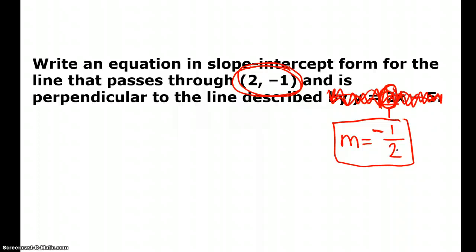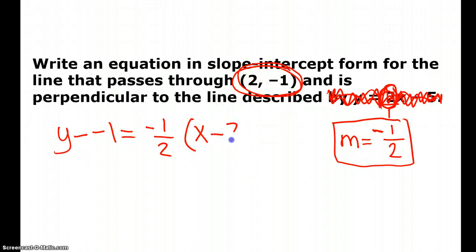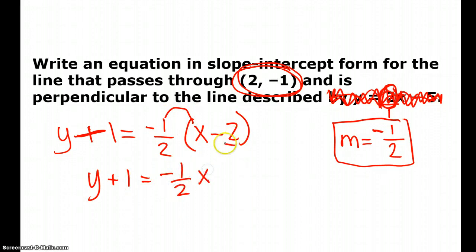So method 1, y minus y, so y minus -1 equals m, -1/2, times x minus x, which is right there. So this becomes a giant plus sign, my minus and minus here. I have y plus 1. I distribute that, I get a -1/2x.